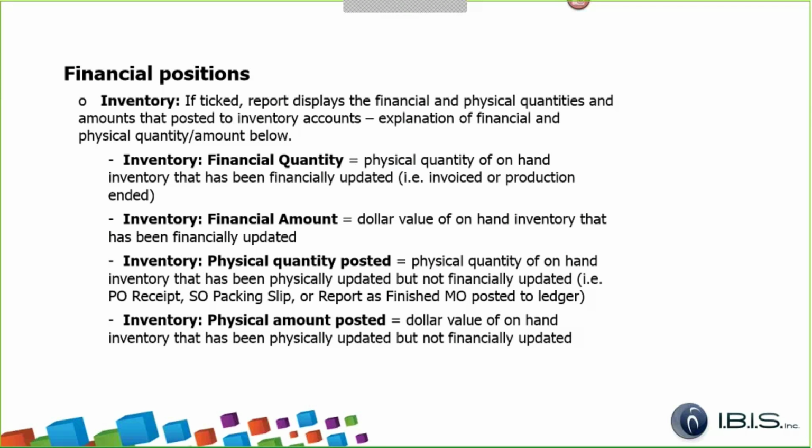Now, in the context of negative inventory, your potential discrepancies report may not show you a discrepancy on negatives if your organization has determined to allow negative financial inventory, because that discrepancy report is there to highlight differences between the inventory subledger and the general ledger.